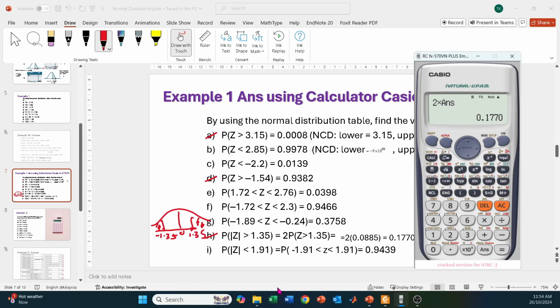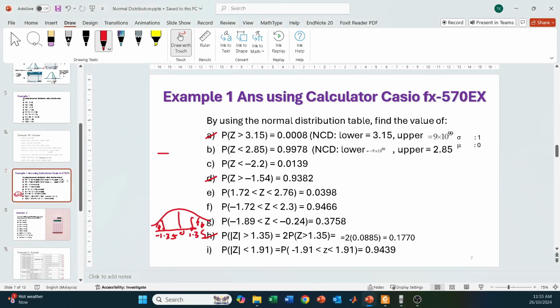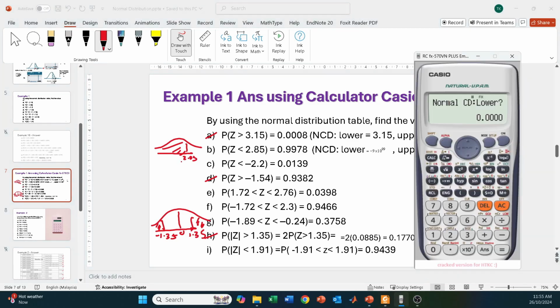Then I will go back to do B and C. Menu, find distribution, CD. Z less than 2.85. So the minimum will be a very small number, maximum will be 2.85.